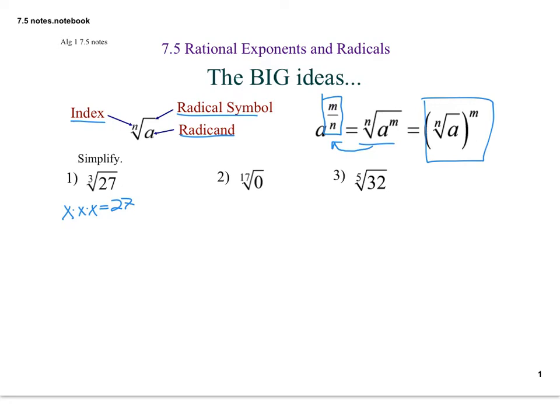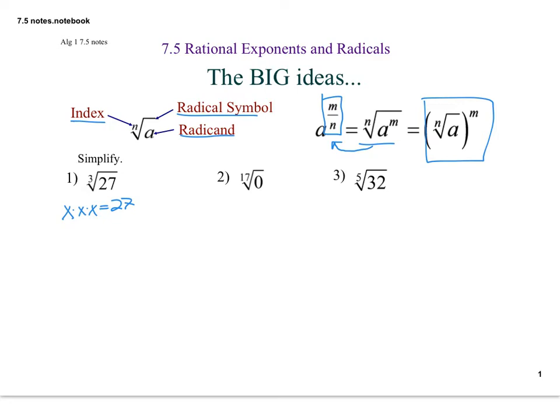If you took 1 and multiplied that 3 times, you'd just get 1. If you took 2 and multiplied that 3 times, and you're not multiplying it by 3, you're taking 2 times 2 times 2, you'd get 8. If we did that with 3, we would have 3 times 3, which is 9, and then 9 times 3, which is 27. So hey, there's our answer.